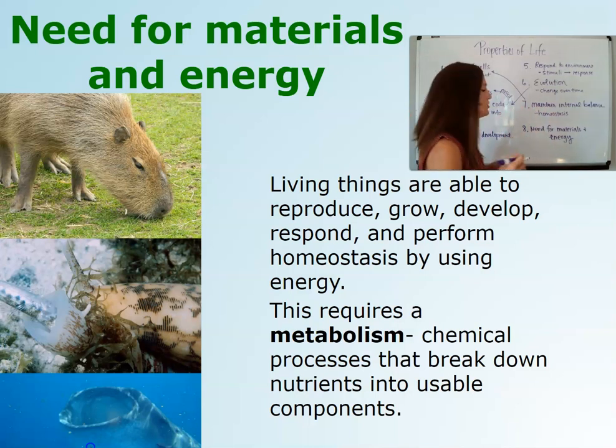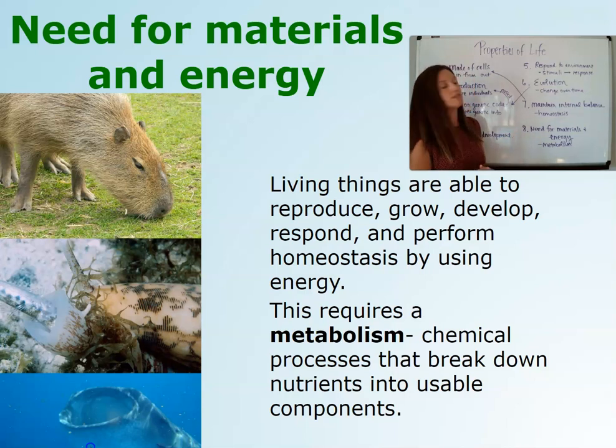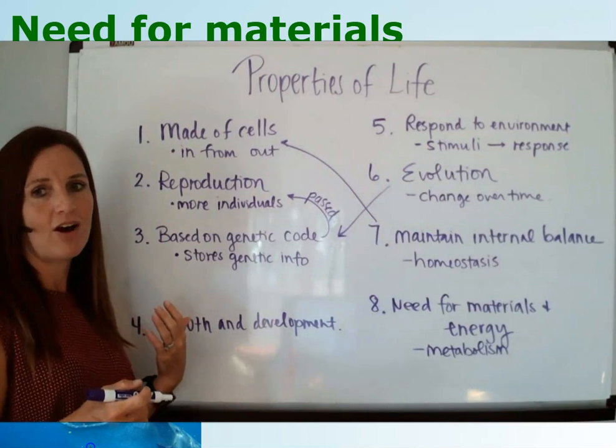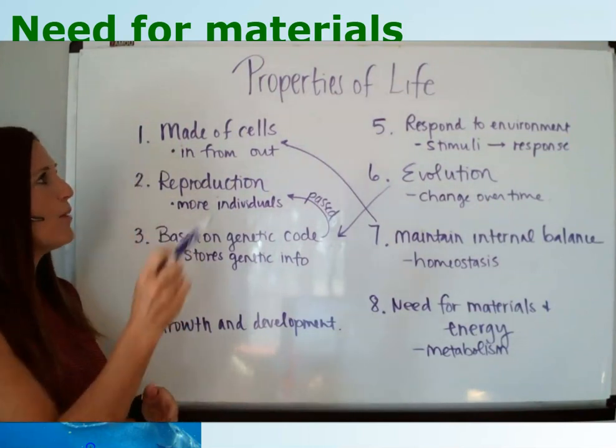energy. Okay, so we're going to do metabolism here as our kind of explanation for needing materials and energy. We need to turn what we have into what we need, okay? And so that we get enough energy to survive. So here is our list. Properties of life.